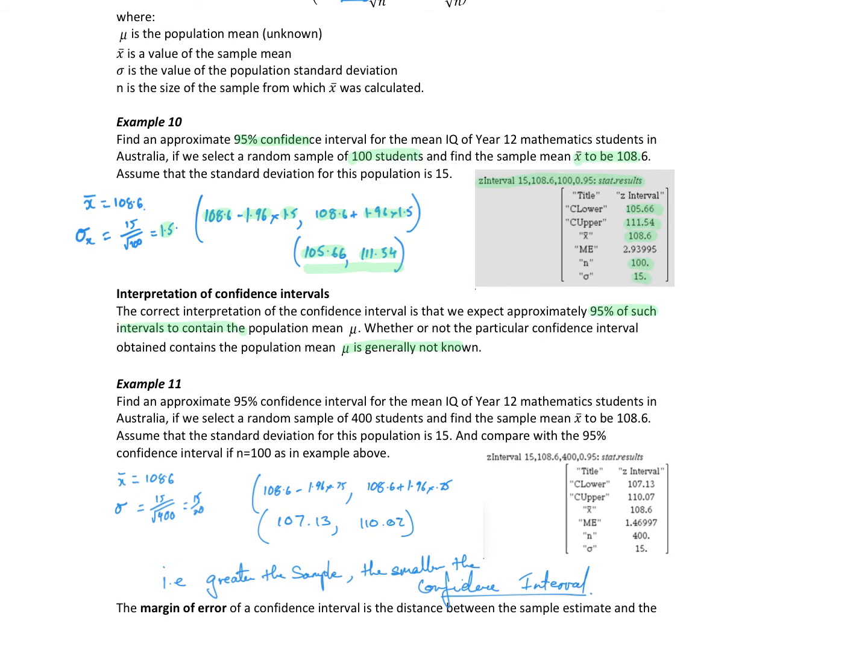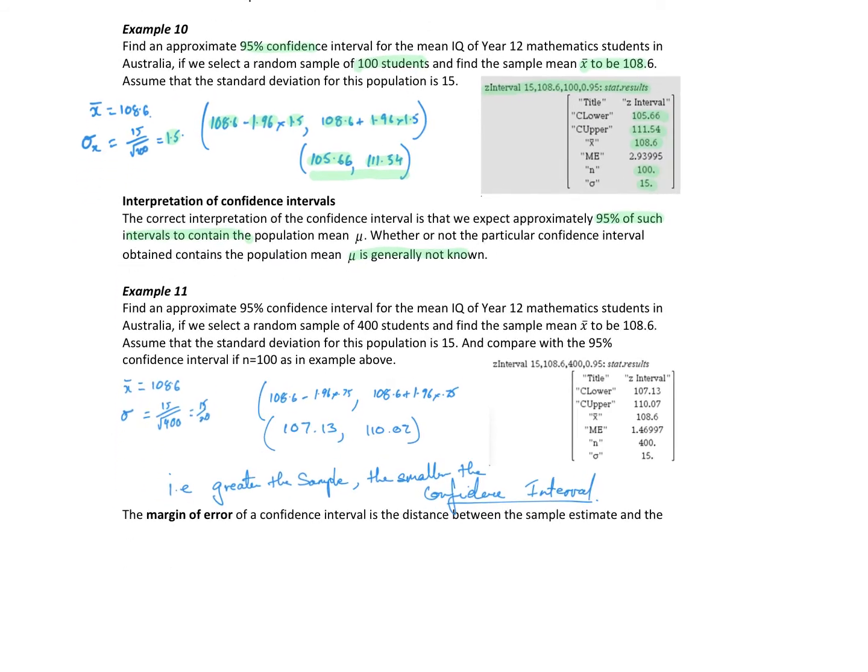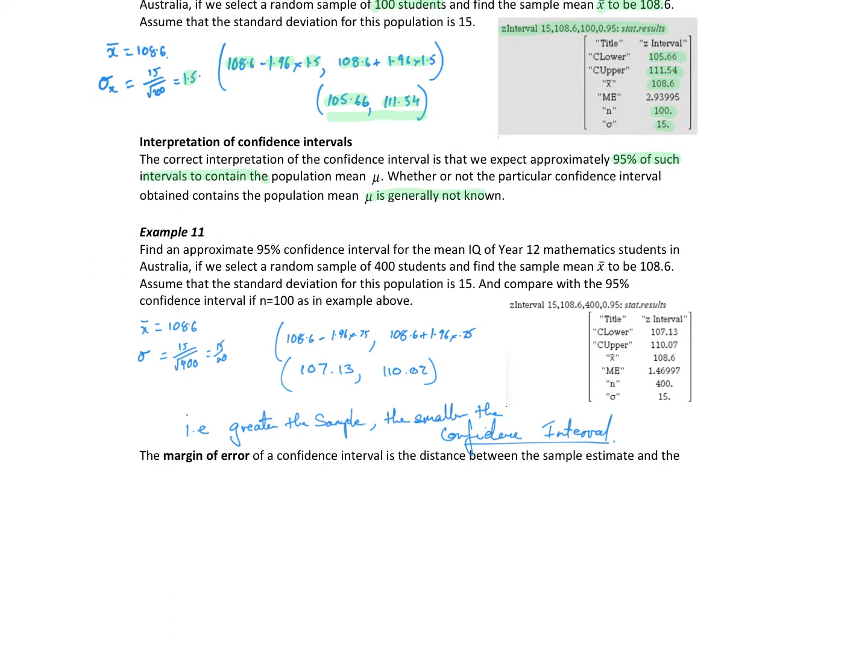Now if I want to increase the accuracy of that confidence interval, let's take a bigger sample. What if we do exactly the same thing, except I take a sample of 400 students? So the mean is still 108.6. My standard deviation is now 15 over root 400, which is 15 over 20, so 0.75.